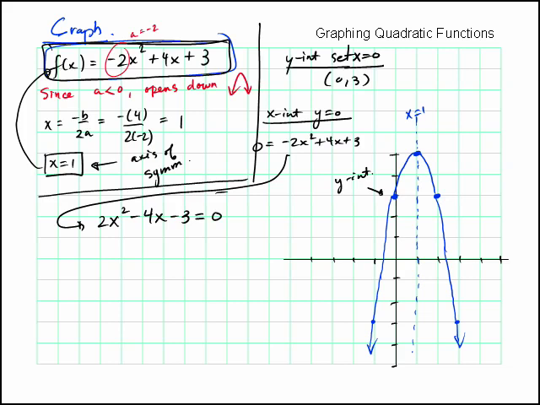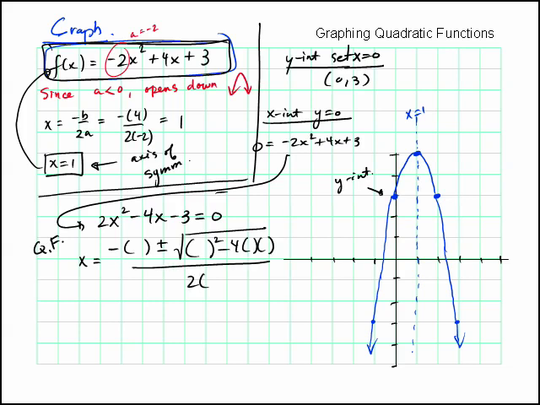Okay, I need to solve that for x in order to find the location of the x-intercepts. So I'm going to use the quadratic formula here. That's going to be negative b plus or minus the square root of b squared minus 4 times a times c, all divided by 2a. And I'm going to plug in negative 4 for b, 2 for a, and negative 3 for c.